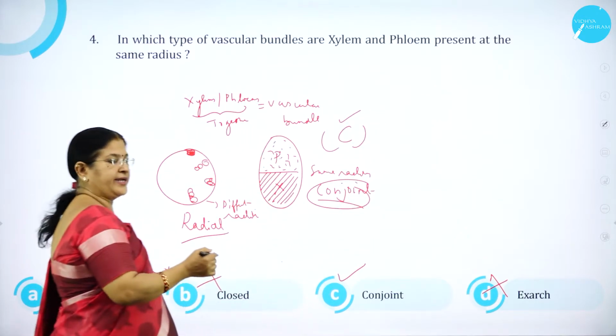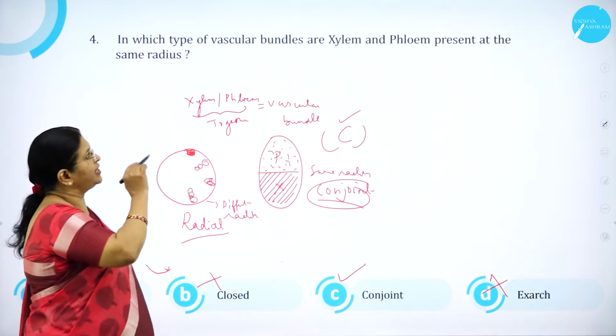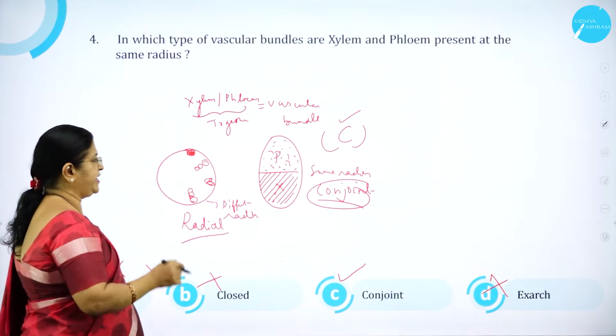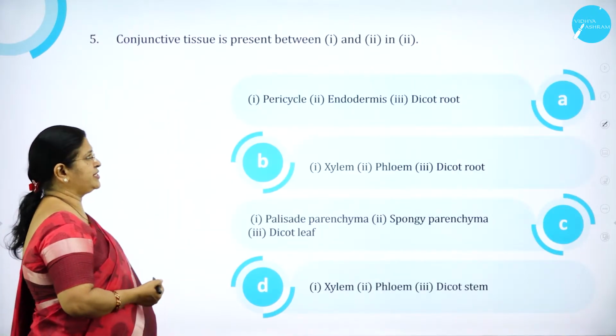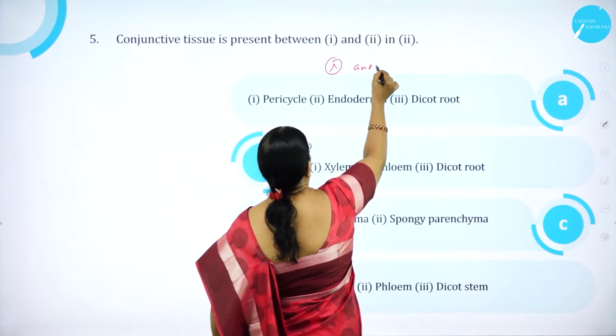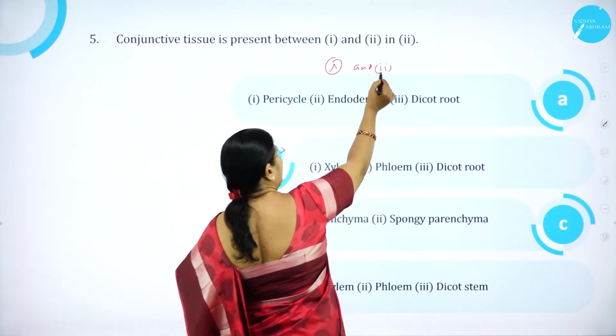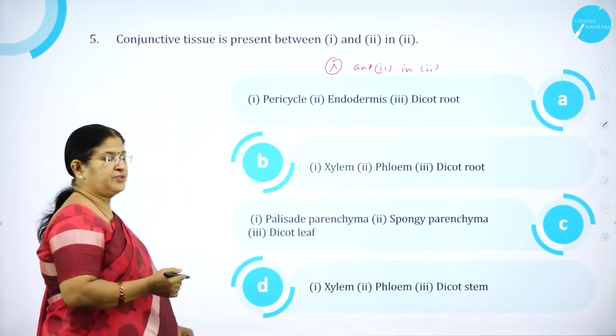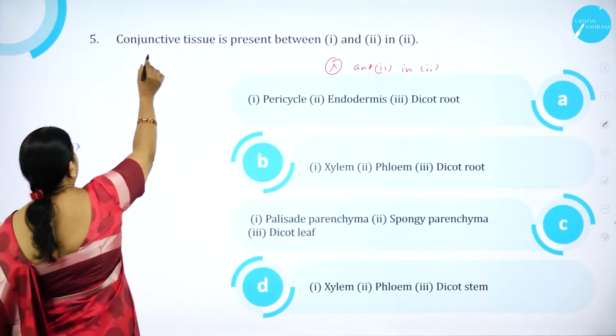Option C is correct. Conjunctive tissue is present between, what is it? What is conjunctive tissue? It is nothing but a parenchymatous tissue.